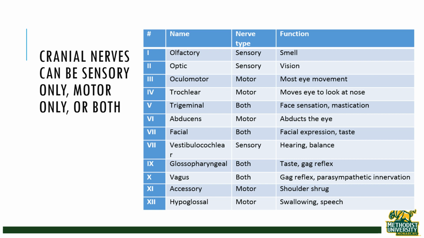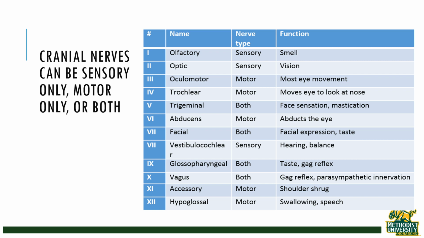It provides sensory input to the central nervous system for the sensations of hearing and of balance from the balance organs. 9 has both sensory and motor input for the sensation of taste for the posterior third of the tongue and the gag reflex.